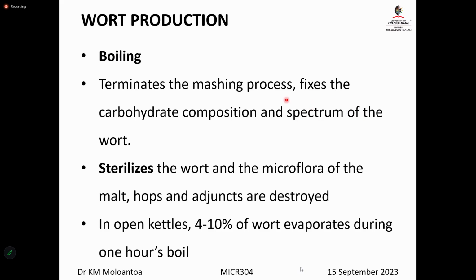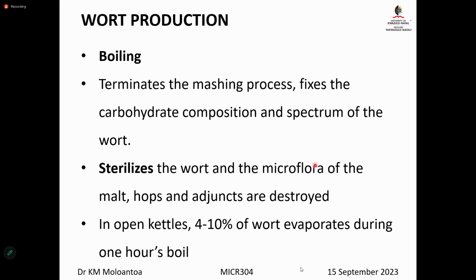All right. So the adjuncts are the substrates or additional supplements that can be added into your wort to increase the sugar concentration, and others are also added to add flavor. So that's what we need to keep in mind. Okay.